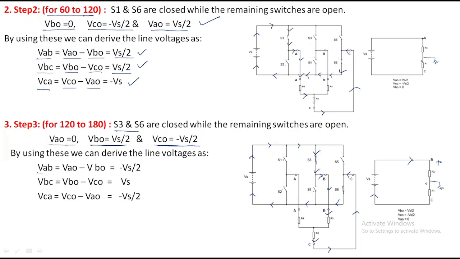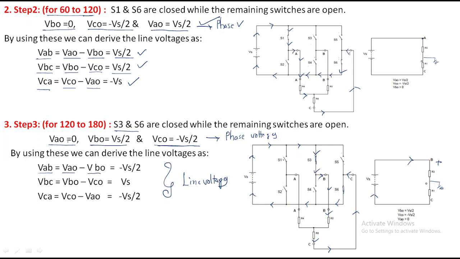From that we will get VAB. These are the phase voltages, this is also phase voltages, and these are the line voltages. These are very much useful to understand line voltage and phase voltage. From this VAB equal VA naught minus VB naught.